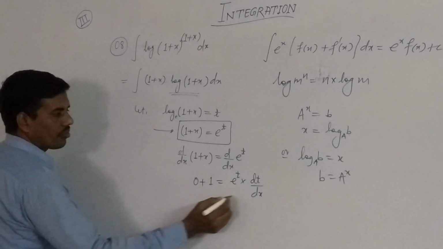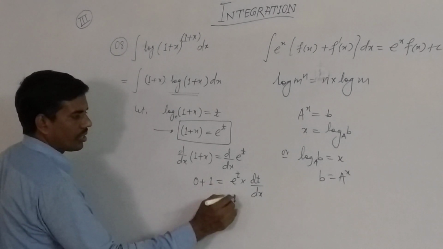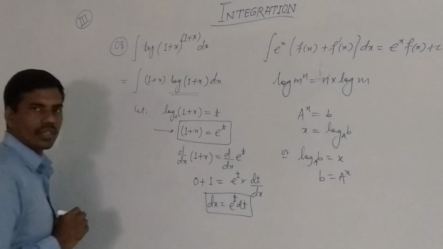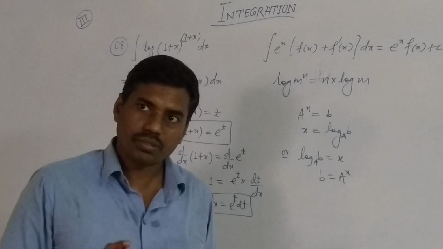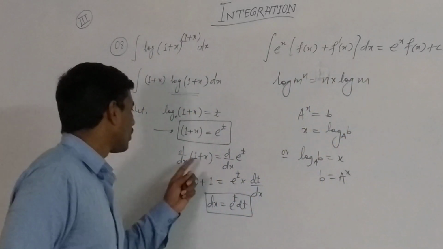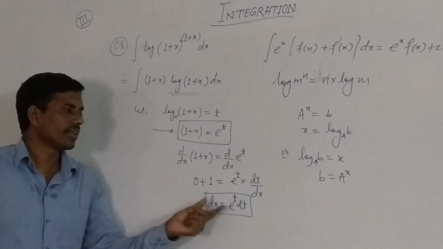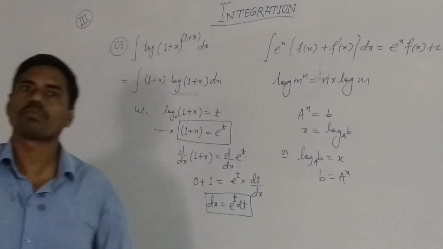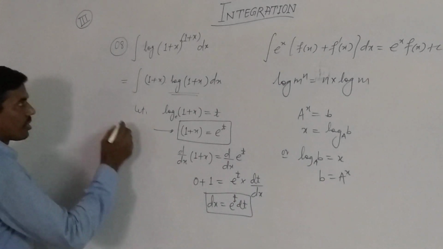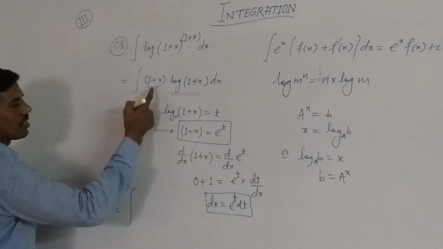In this way, dx is equal to e to the power t into dt. So 1 plus x is equal to e to the power t, and dx is equal to e to the power t dt.